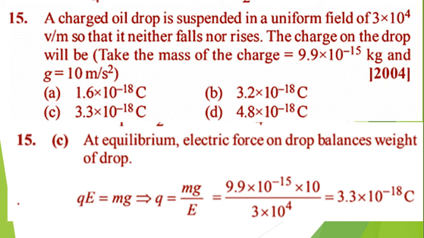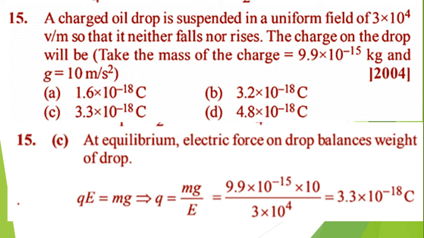Now this concept is the equilibrium of the system. Net force on the oil drop is 0. Is it clear? How can the net force on the drop be 0? Because due to the electric field, the electrostatic force acts on the oil drop in the upward direction, and the weight of the drop acts in the downward direction.